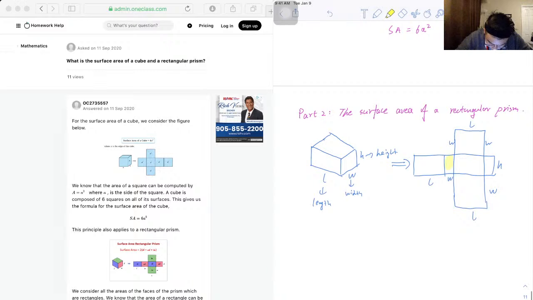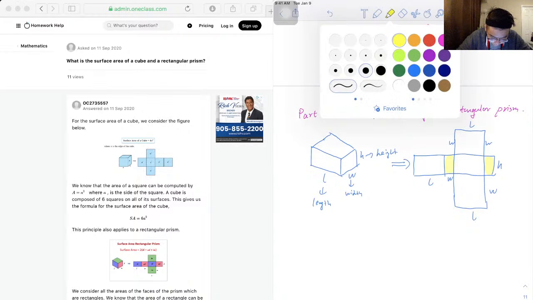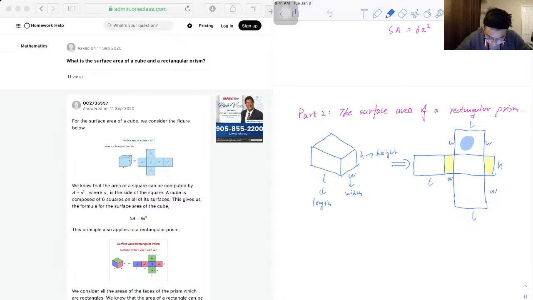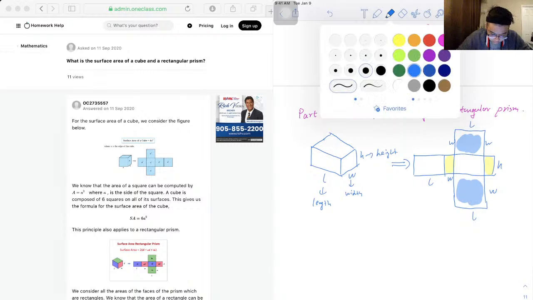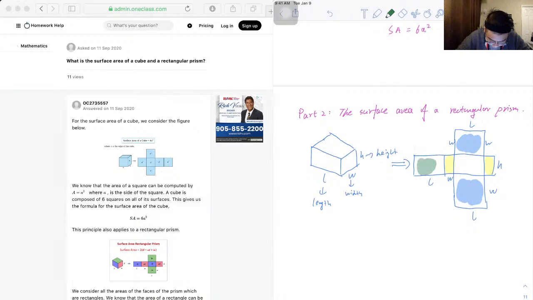These two parts have the same surface area, the two blue parts have the same area, and also the green parts have the same area.